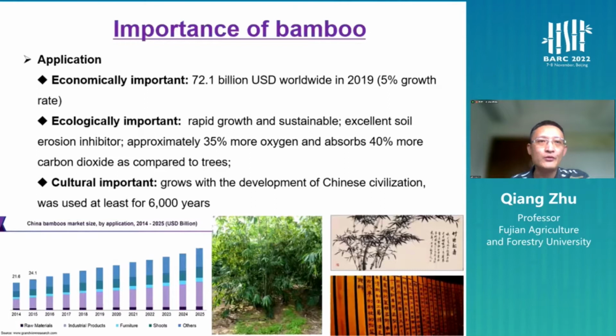As for bamboo, it's quite economically and ecologically important. But for us Chinese, it's also culturally important as it grows with the development of Chinese civilization. In China, it was used for at least 3,000 years.